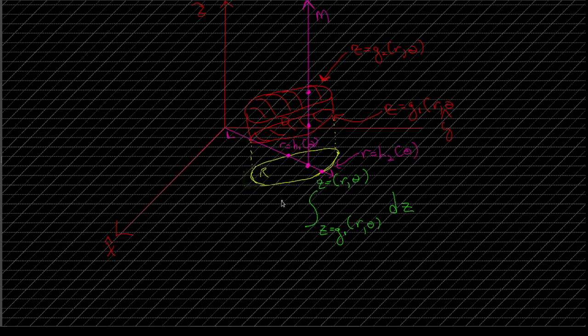So that sets up our second integral: r equals h1 of theta and r equals h2 of theta. And that's going to give us our r dr. Now I'm going to move the r out forward, r dr.